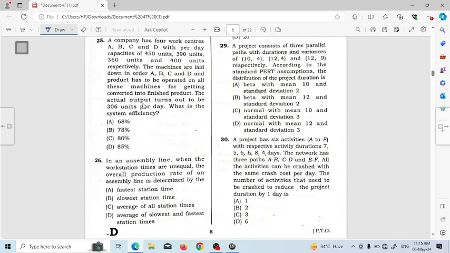The actual output turns out to be 306 units per day. What is the system efficiency? So the minimum is 360, and output is 306. So efficiency is 306 divided by 360 times 100, which is equal to 85%.